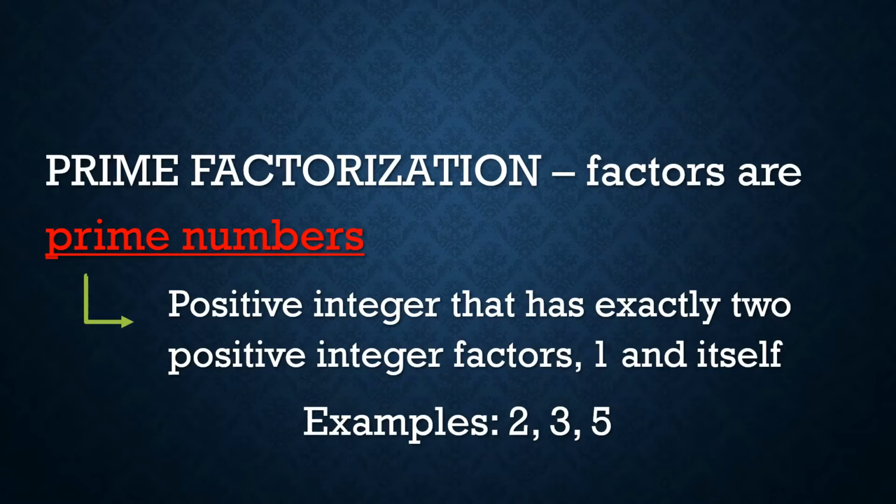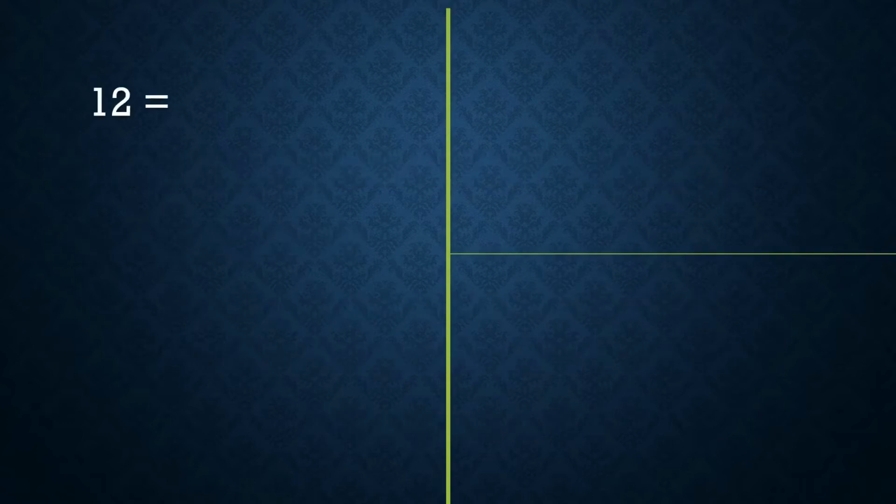So let's begin with 12 and 24. Okay, so we're going to find the greatest common factor of 12 and 24. But first, actually there are pairs of factors of the given numbers. Okay, so in case of me, pinili kong factor ng 12 ay 2 times 6.